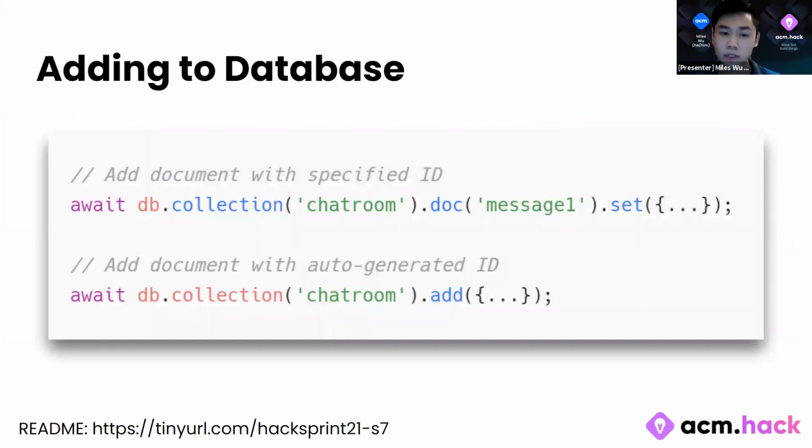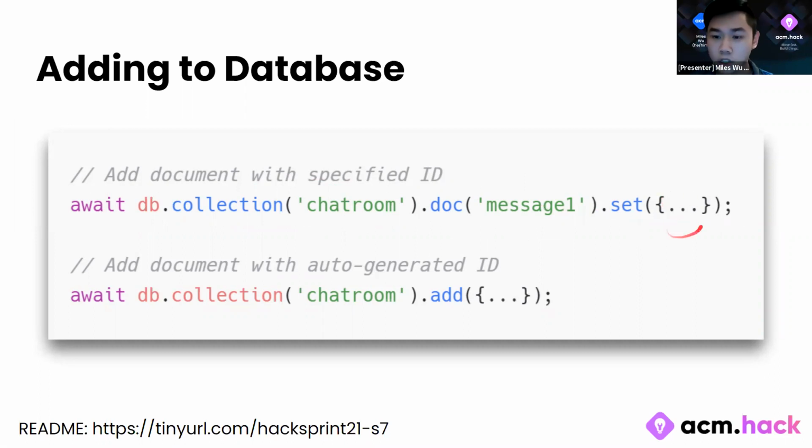There are two ways to add data to your database. The first one is this first line here, and this is if you have a specific ID in mind that you want to create a document for. We have a reference to a collection, then we specify the ID of our new document, and we do .set.